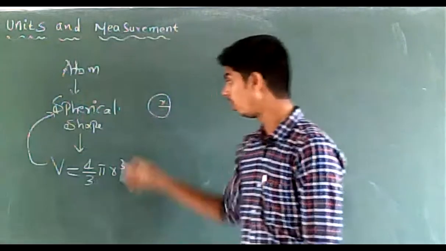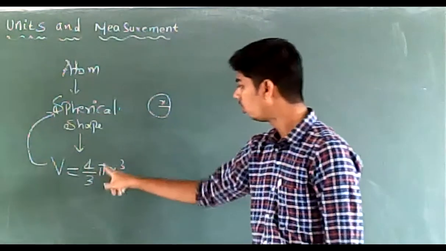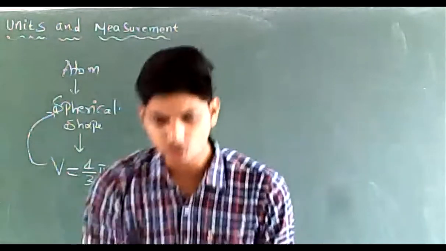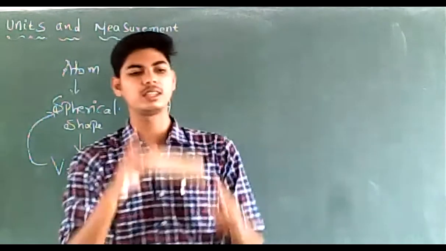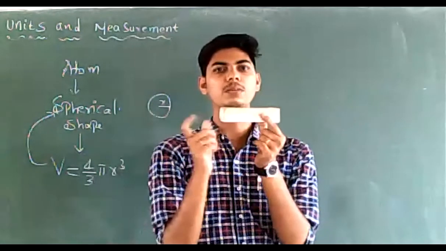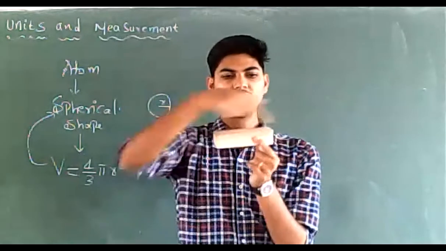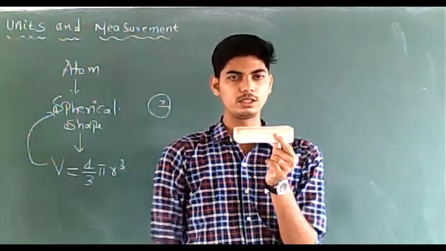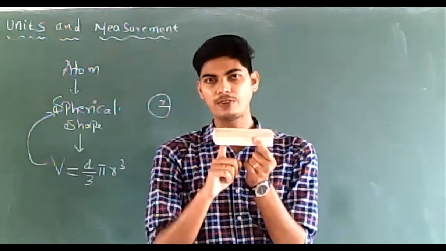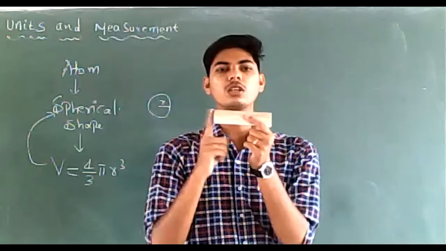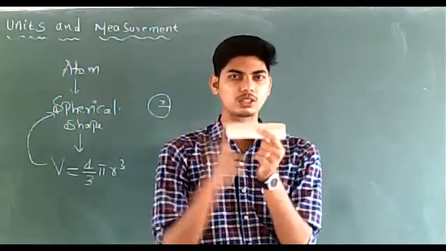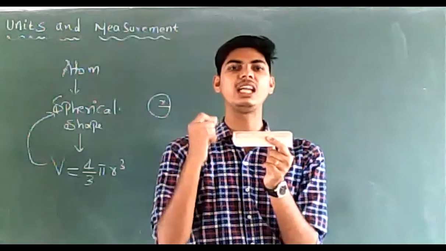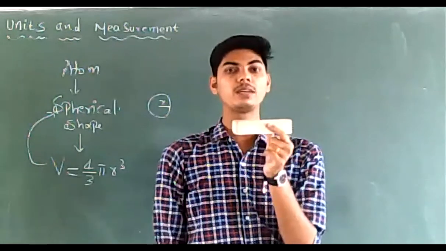You must know this. Suppose I consider this substance, it is made up of a large number of atoms. Because this substance is a solid, the atoms in this substance will be tightly packed.